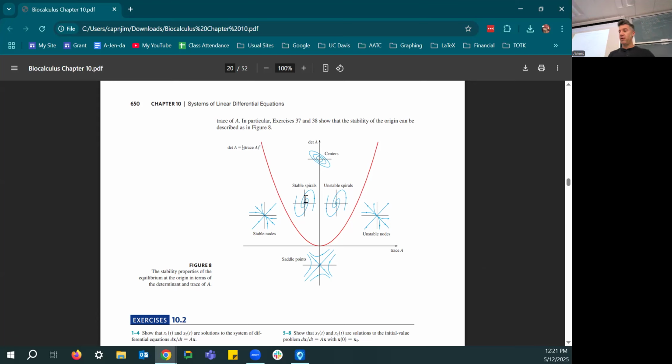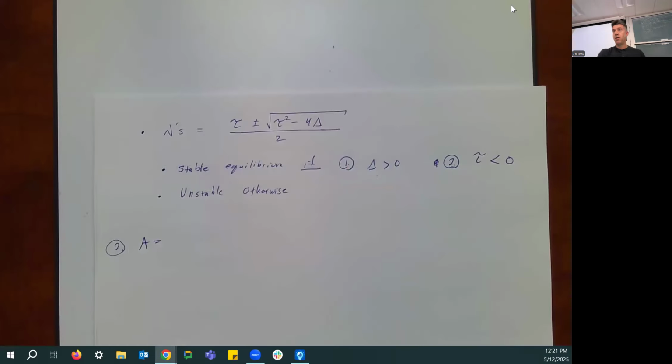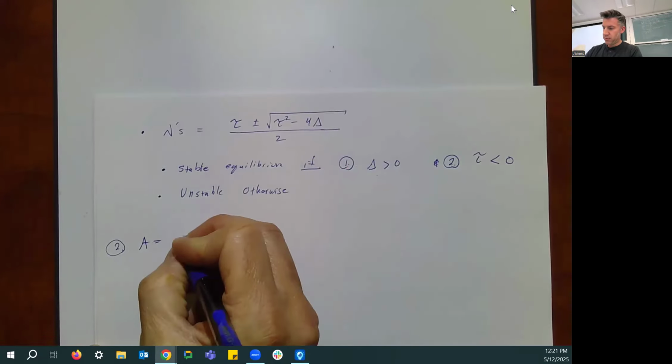So with that in mind, looking back at these other two examples, for our second matrix, instead of doing all the work of finding the eigenvalues, which is not that terrible, we can just say the determinant of this matrix is 1 times 4 minus 2 times 3, which is -2, and we're done.